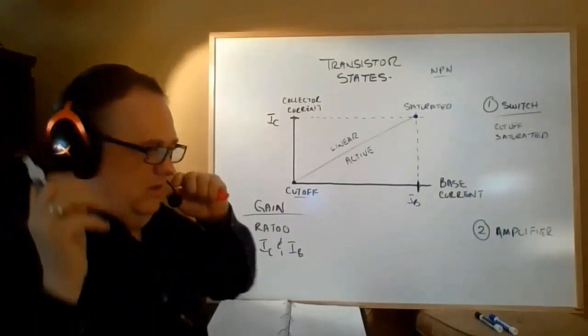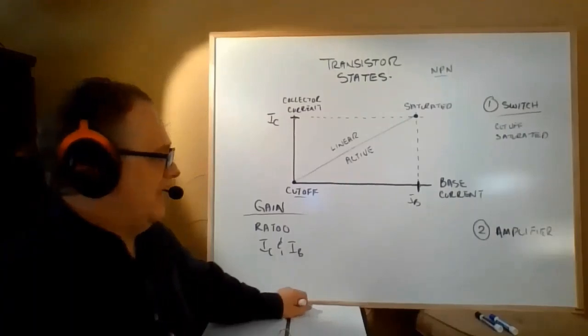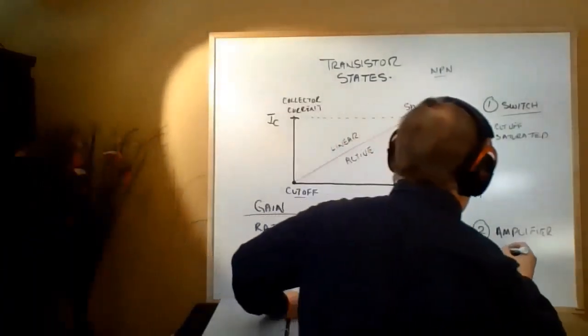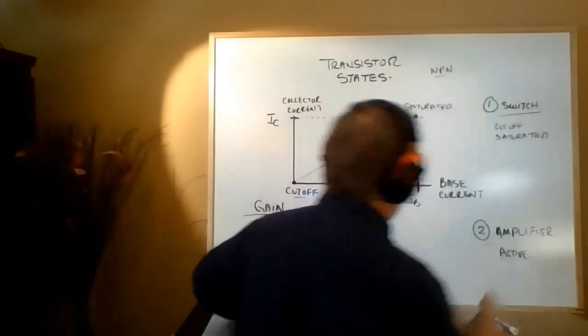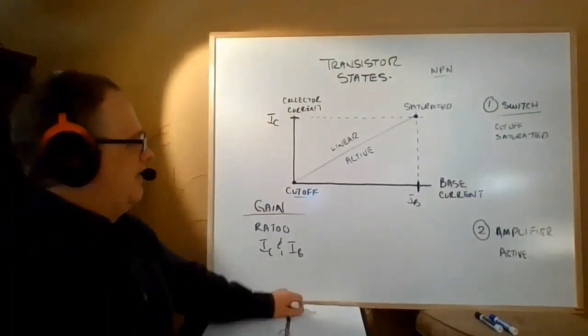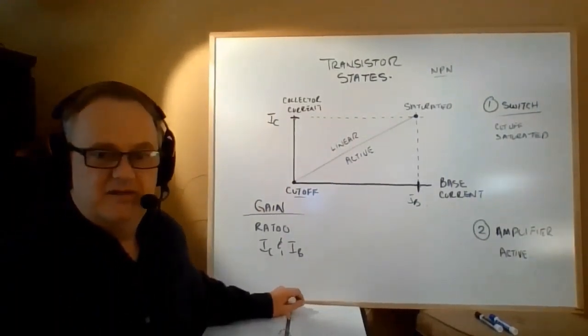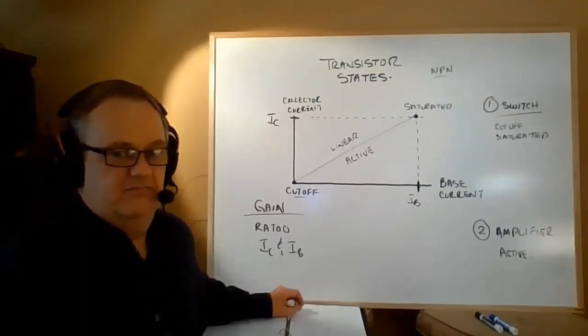Now, if we go to use the same transistor, but we want to use it as an amplifier, then we're simply using it in its active state. In other words, we're going to put in that base signal to some point, and we're going to see how much collector current we have. And so we're really using it in its active or its linear state.